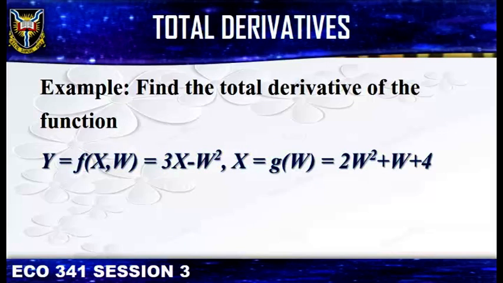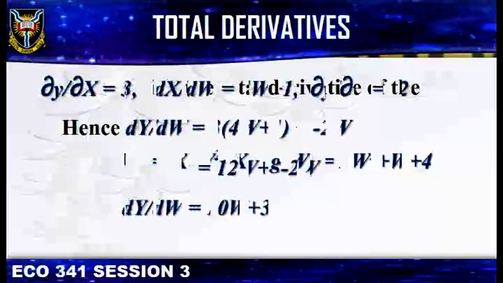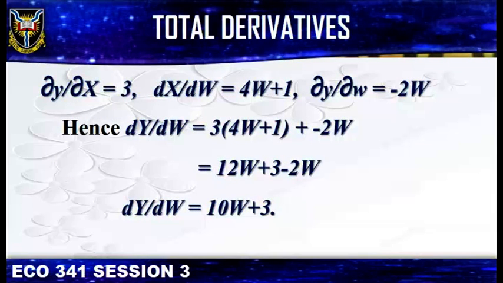Example: find the total derivative of the function y equal to f of (x, w) equal to 3x minus w squared, where x is equal to g of w, equal to 2w squared plus w plus 4. Partial dy partial dx is equal to 3. dx dw is equal to 4w plus 1.